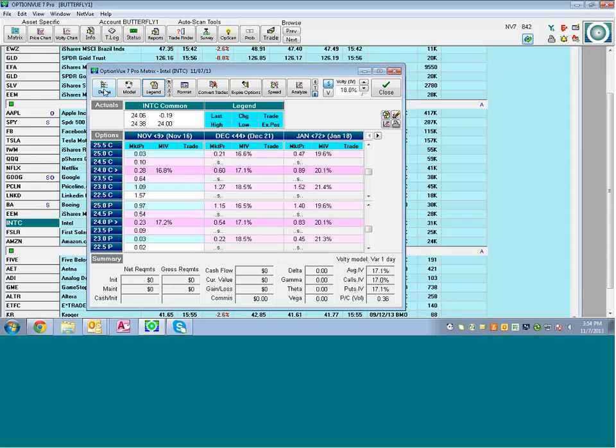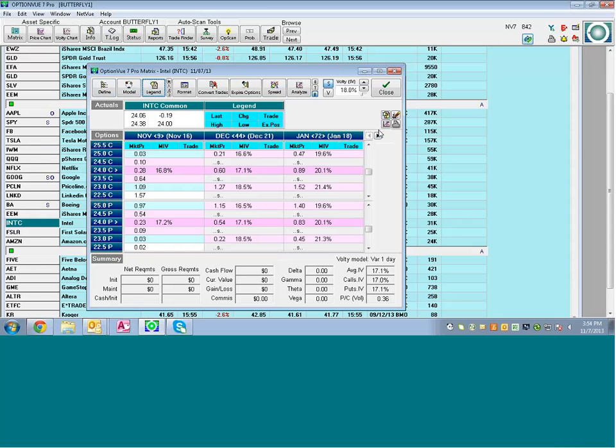I can also see what's being defined here, because as I scroll across, I've got November expiring in 9 days on November 16th, December expiring in 44 days on December 21st, and then January expiring in 72 days on January 18th.